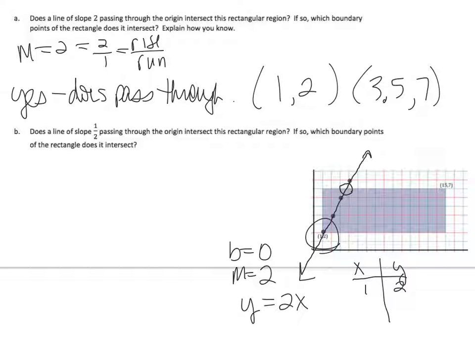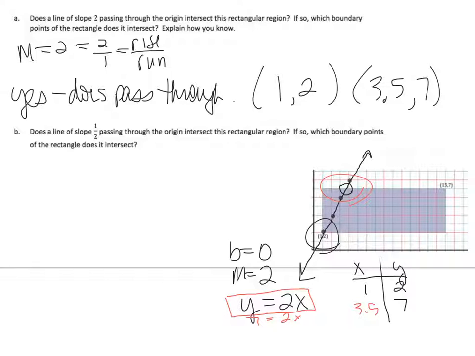That's on my line. And then I need one where, what is x when y equals 7, to find my other point up there. So 2x equals 7, divide both sides by 2. I know that x equals 3.5. So my equation is the most useful thing to answer that question. Now let's try the next one.